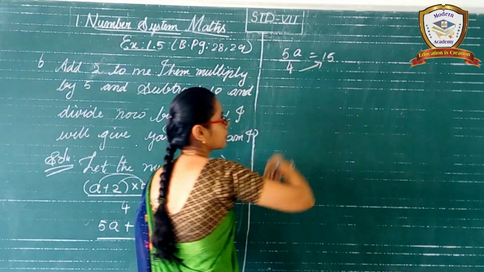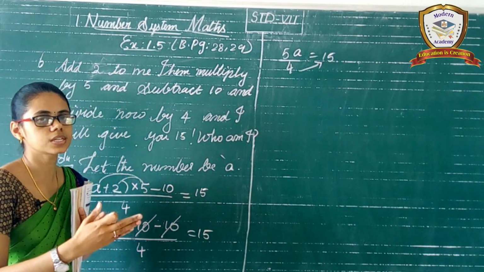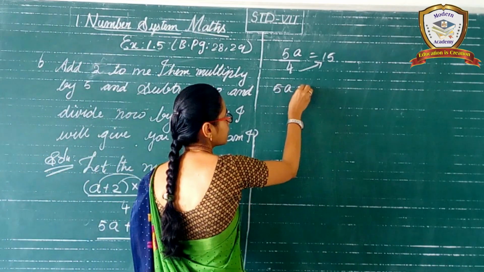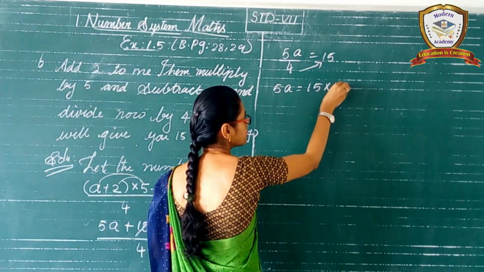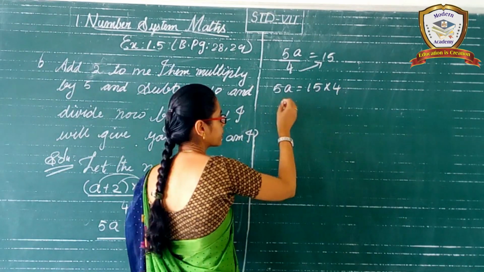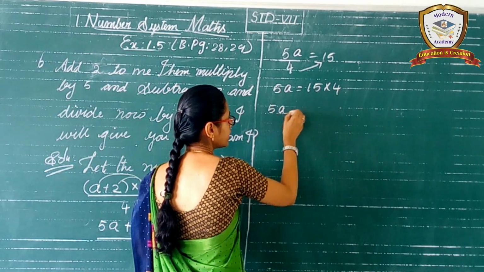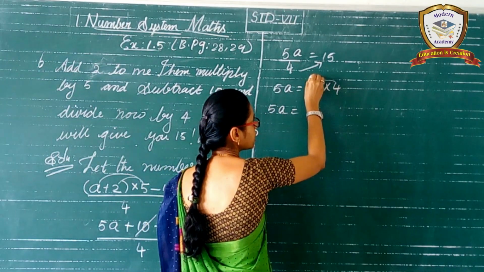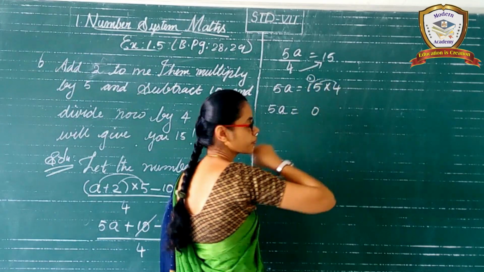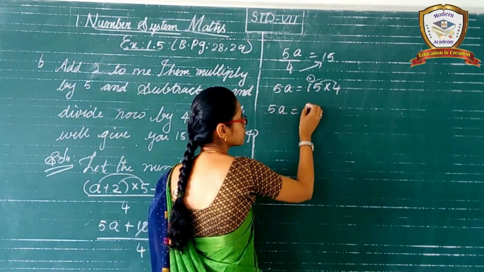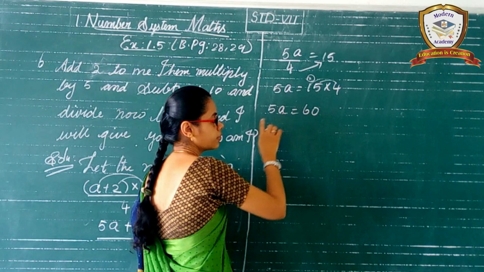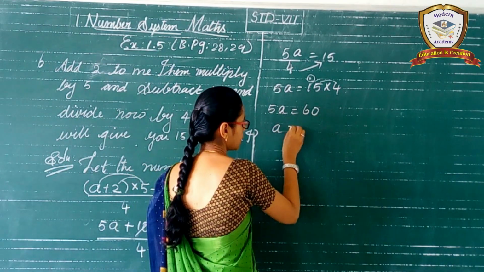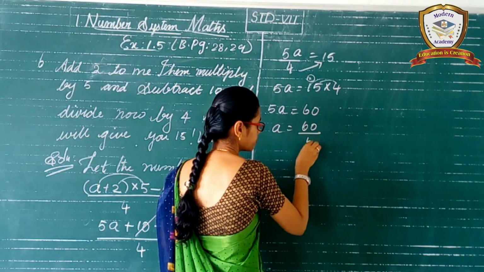And next, denominator, division goes to the other side means multiplication. So 5A equal to 15 multiplied by 4. We have to multiply the numbers. So 5A equal to 5 4s are 20, 0, remaining 2, 1 4s are 4, 4 plus 2, 6. 5A equals 60. And multiplication goes to the other side means division, which means A equal to 60 divided by 5.